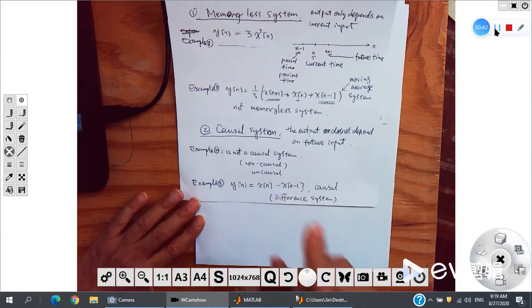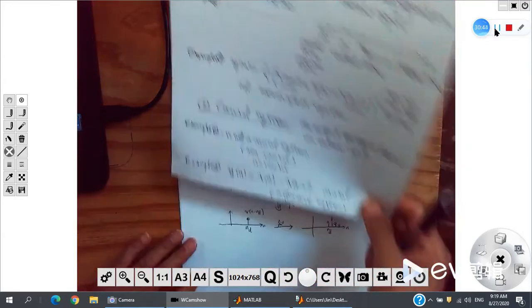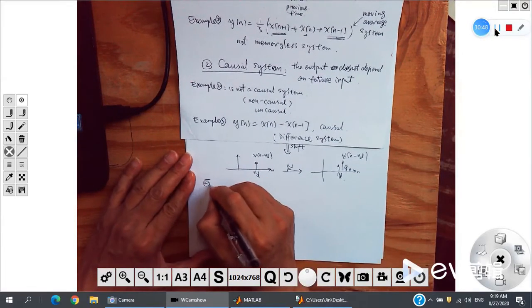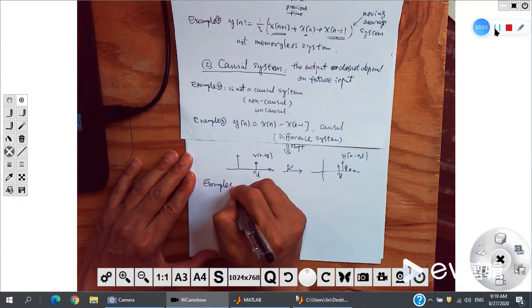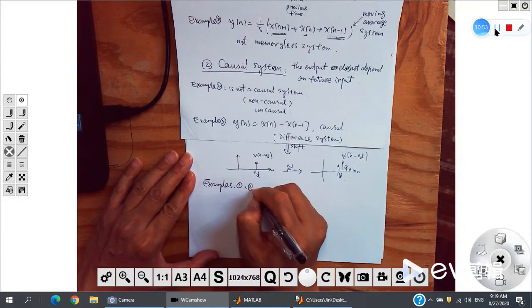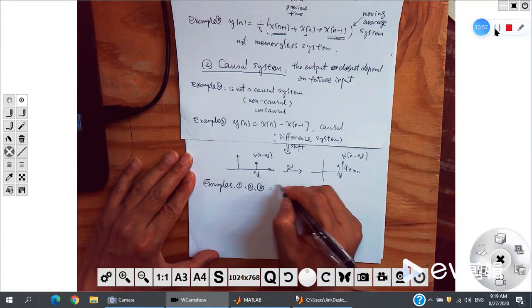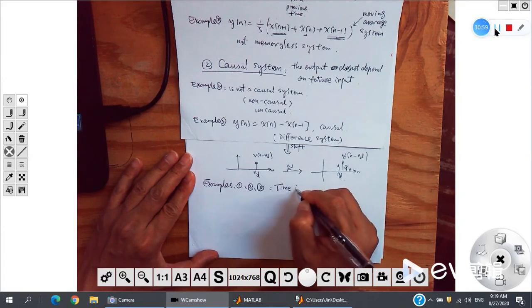So what case is time invariant? I give you examples of time invariant. Okay, examples 1, 2, 3, all of them are time invariant.